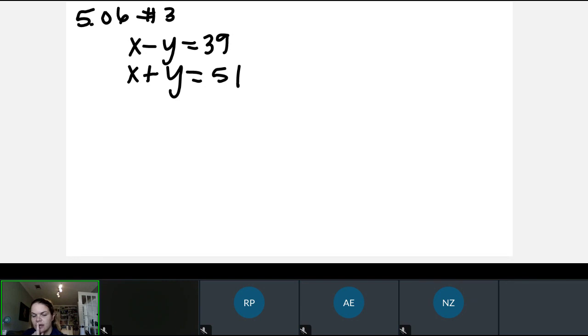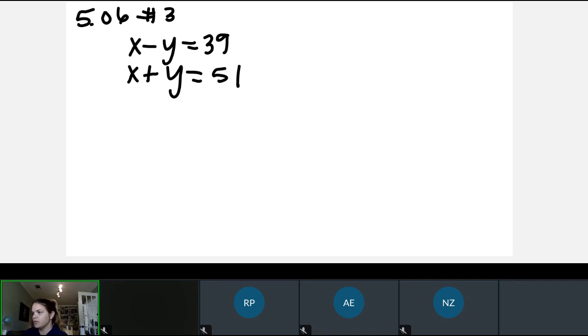So you need to write it so that I can see that what you're doing is dividing by 2 on both sides. Does that make sense? Okay, so now you can write y equals 8. And then you need to write it as an ordered pair. So you're going to write it in parentheses and then put your x value, comma, your y value. Okay, so you don't need whatever this is down here. I'm not sure what that was, but you don't need any of that. Okay, just write it as an ordered pair, like in the middle.